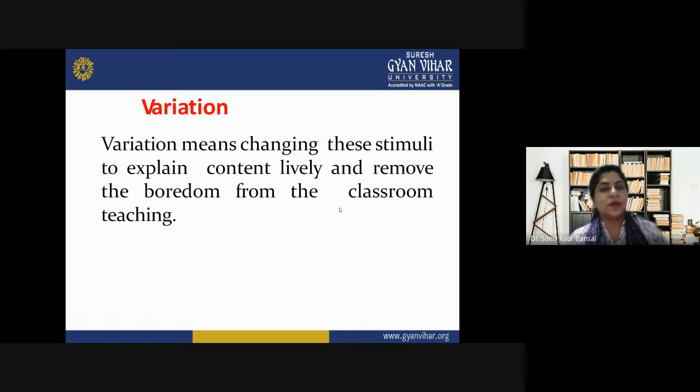We have studied that a stimulus works like an agent that promotes you to work, to think in a way that makes you active. So variation means changing these stimuli to explain content lively and remove the boredom from classroom teaching.